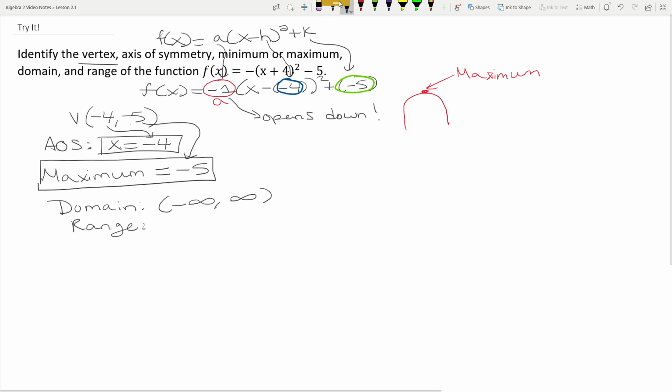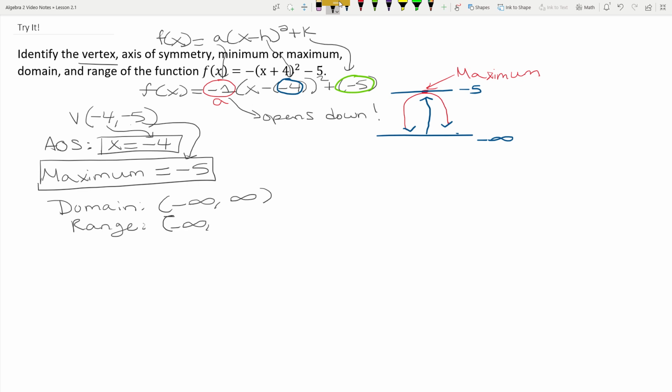If we go from bottom to top, since these are arrows that go forever, from the bottom we have -infinity all the way to the very top. We have the maximum value, which is at y equals -5. So the range is from -infinity to -5. We don't want to include negative infinity, so parentheses for negative infinity, but we do want to include negative 5 since that's part of the graph.